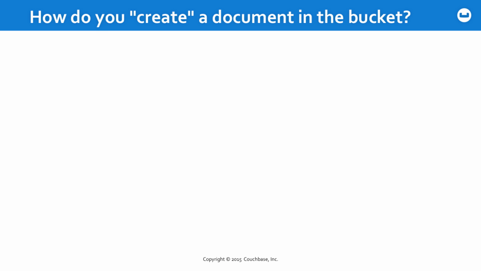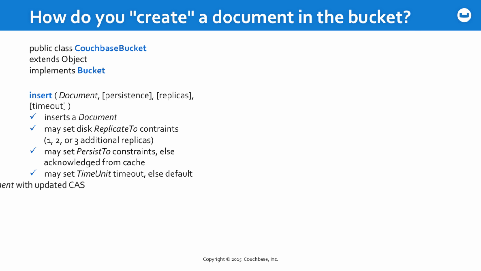So to create a document in the bucket, we actually use the insert method from the Couchbase bucket. You pass to the insert method a document. Again, as I keep saying, it could be a JSON document, but there are other classes that also derive from document. And then you may set other constraints, such as a replication constraint, to determine how many additional replicas should be created in Couchbase beyond the original.